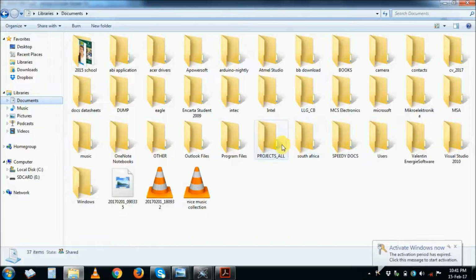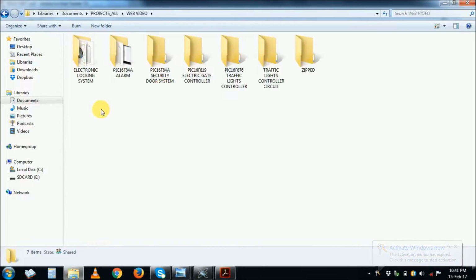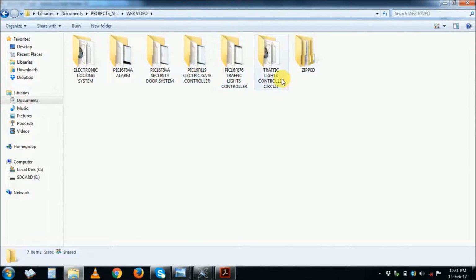Okay, I think it's overloaded now. Yeah, right. Now this is the circuit. The only circuit I have not built myself is the security door system. This one I have not built, but the other ones I have done. I have prototypes. On this one I have a prototype on lights controller and peak version.